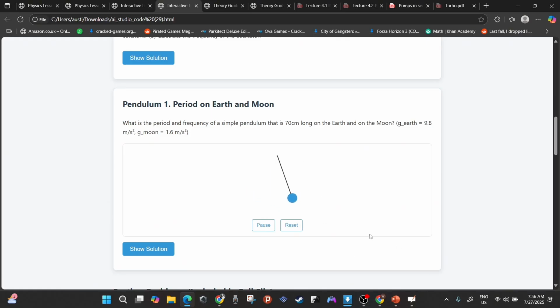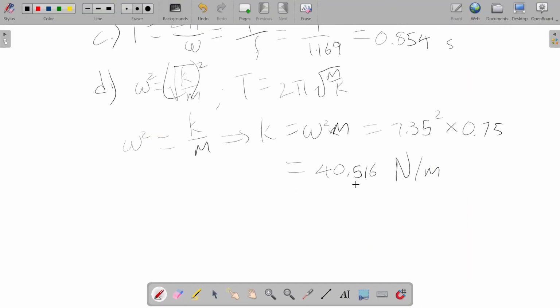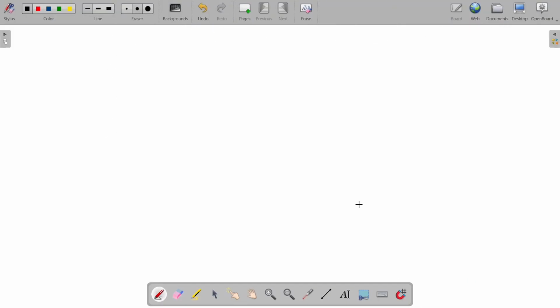So let's deal with this problem. They want the period and frequency in different places. Let's scroll down and start fresh. They tell us that the length is 70 centimeters, which is 0.7 meters.